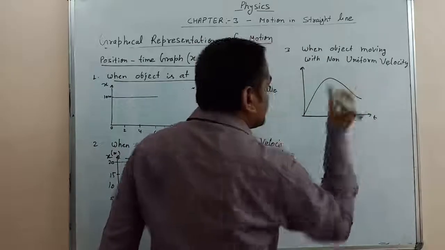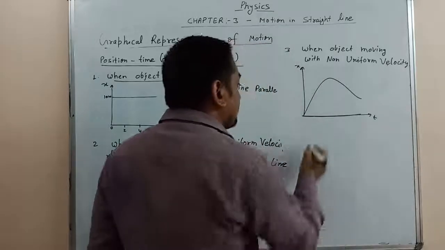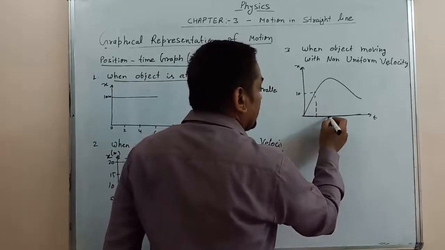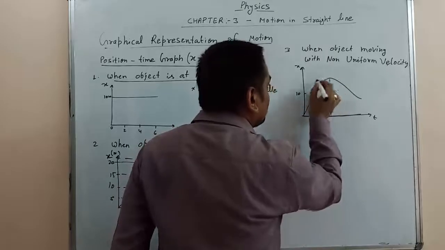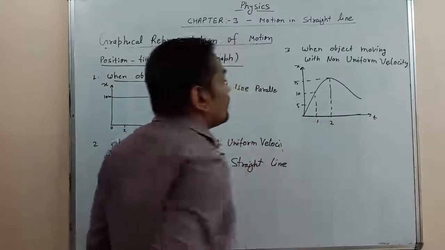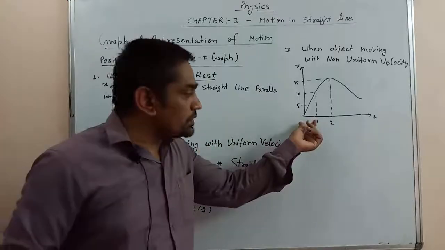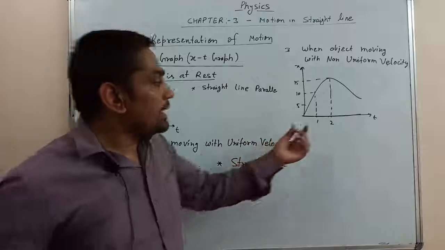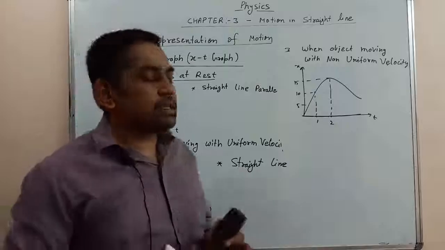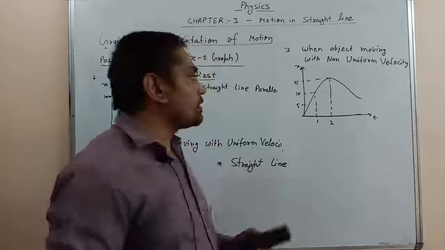If the graph is like this, with displacement and time, we can say that in the first 1 second the displacement is 10 meters, but in the next 1 second the displacement is only 5 meters. The object does not cover equal distance in equal time intervals. So this kind of motion is called motion with non-uniform velocity.